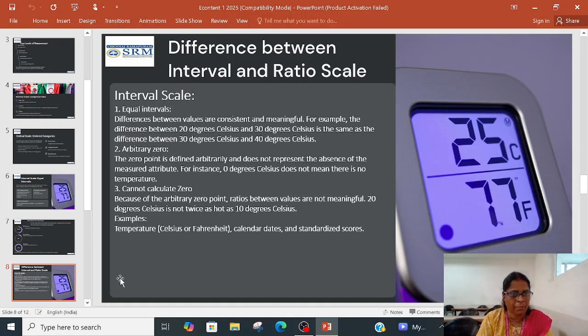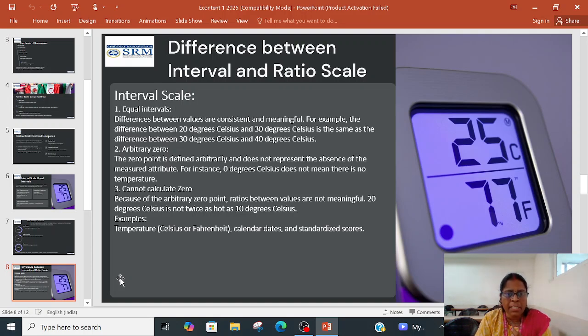For example, the difference between 20 degrees Celsius and 30 degrees Celsius is the same as the difference between 30 degrees Celsius and 40 degrees Celsius. So, there are equal intervals. Second one, arbitrary zero. The 0 point is defined arbitrarily here, which means it doesn't represent the absence of the measured attribute.